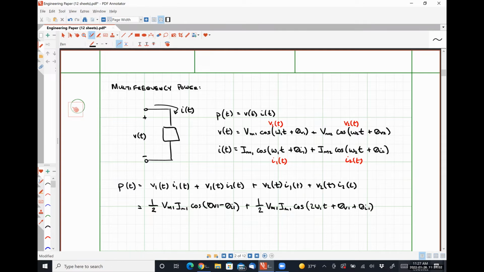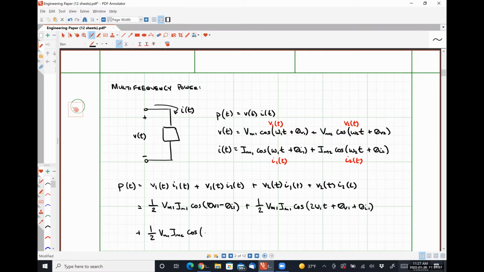Our next portion is going to be V1 multiplied by I2. So this one's going to be a little bit more wonky, okay? So the V1 contribution, we're going to have 1/2 VM1 IM2. And now we have to pay a little bit of attention, right?